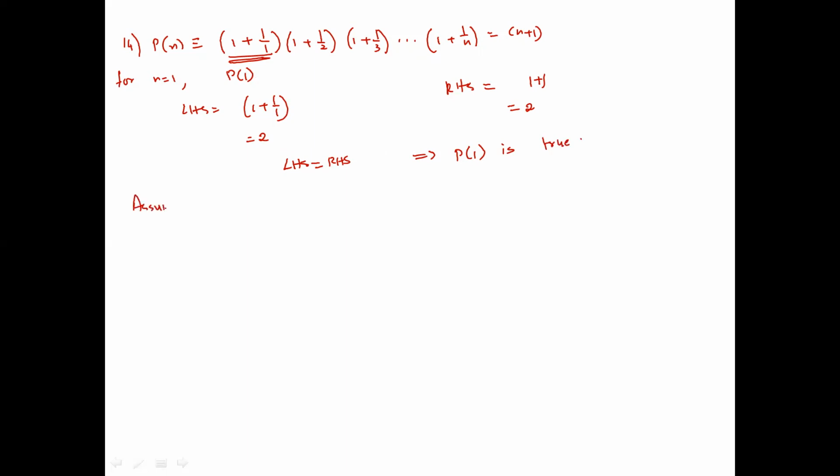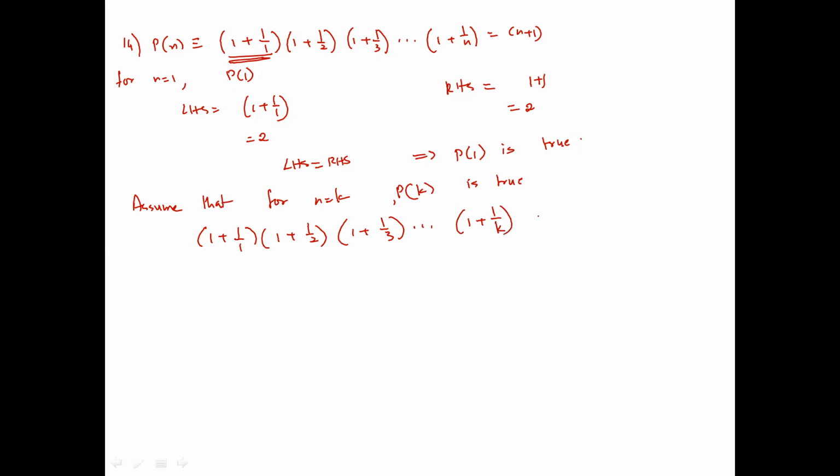Now assume that for n equal to k, P of k is true, blindly you think. Then on left hand side you have 1 plus 1 by 1 into 1 plus 1 by 2 into 1 plus 1 by 3 and so on up to 1 plus 1 by k, because n is k. And RHS you will have k plus 1.